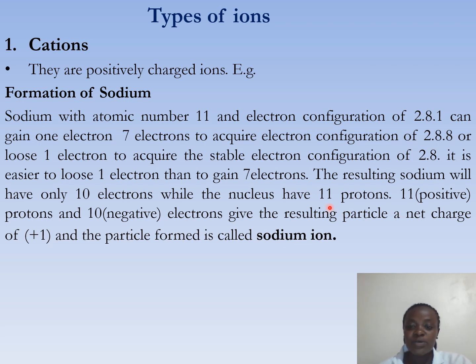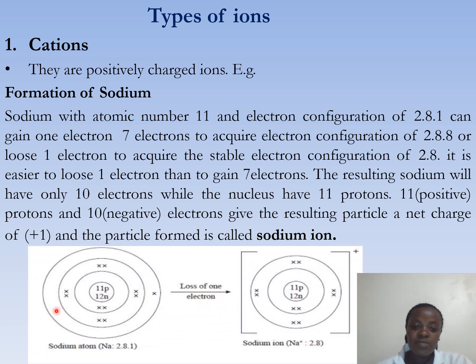Therefore, there will be 11 positive protons and 10 negative electrons. This gives the resulting particle a net charge of positive 1. This particle is what we call the sodium ion.